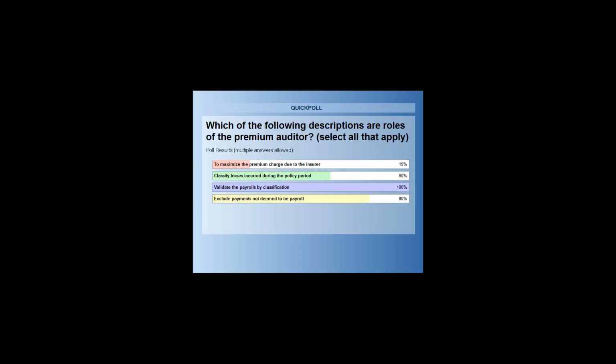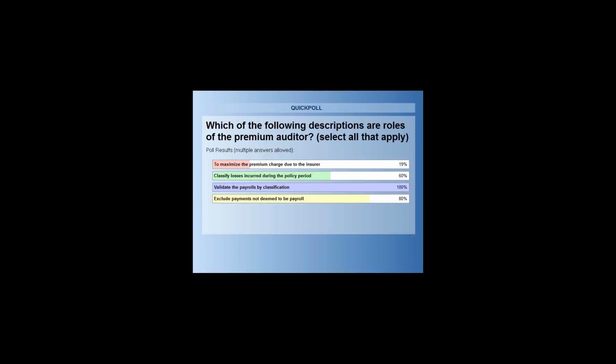All right, I can see that there were a number of you that had a sense of humor there with maximizing the premium charge due to the insurer. I know that from a policyholder's perspective, they probably look at that as being the reason that an insurer performs the audit. But actually, answers B, C, and D really sum up the essence of what we're talking about here.